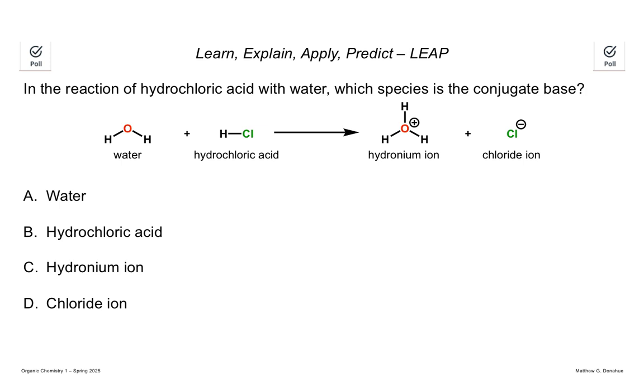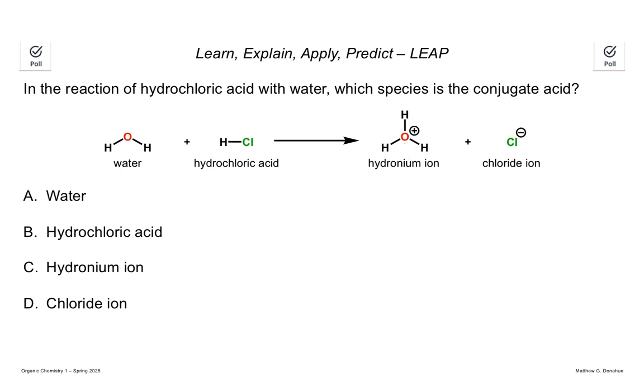The conjugate base was chloride. So we can say, if we wrote the reaction the other way, I put these lone pairs in, the arrow would start from chloride, abstract a hydrogen, and go back the other way. The conjugate acid was hydronium.